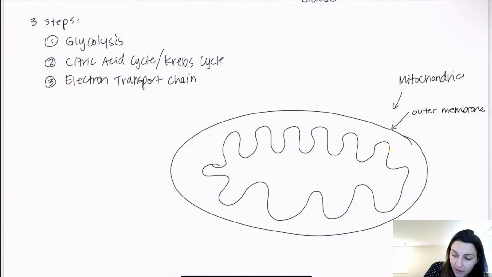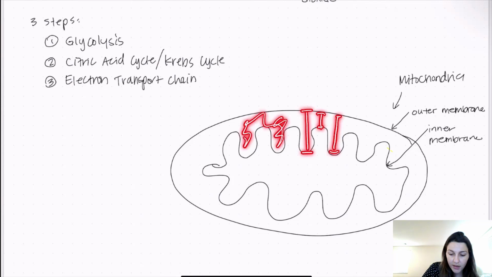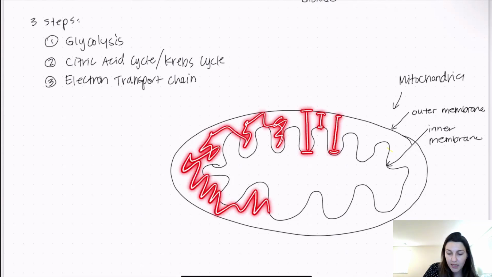Then we have this part on the inside, that's called the inner membrane. And lastly, there's the space between, so we call that the intermembrane space. Everything that's in between those two membranes all falls within that intermembrane space.